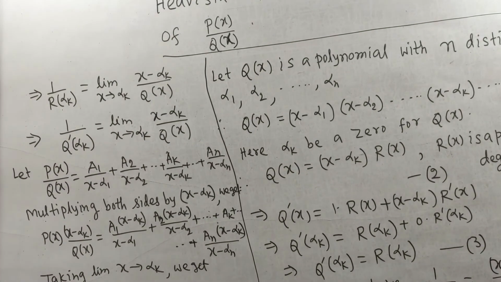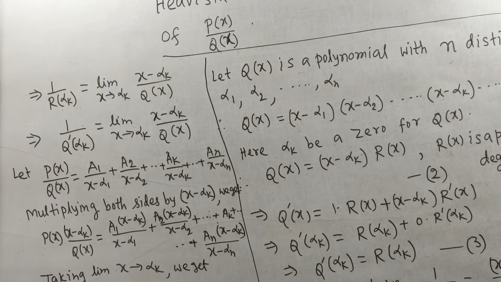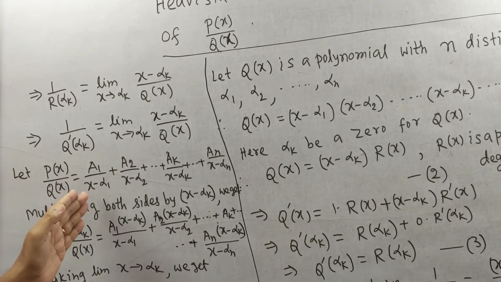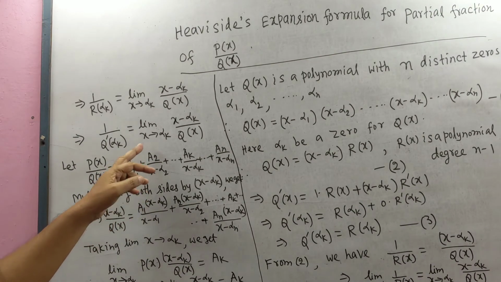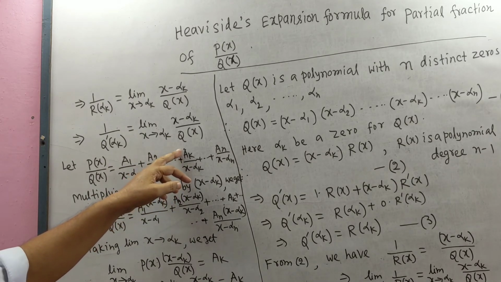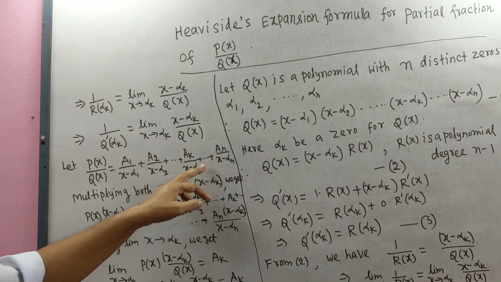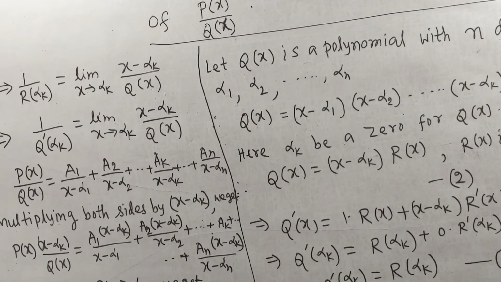Now let px by qx be written as partial fraction a1 by x minus alpha 1 plus a2 by x minus alpha 2 plus ... ak by x minus alpha k plus ... an by x minus alpha n.